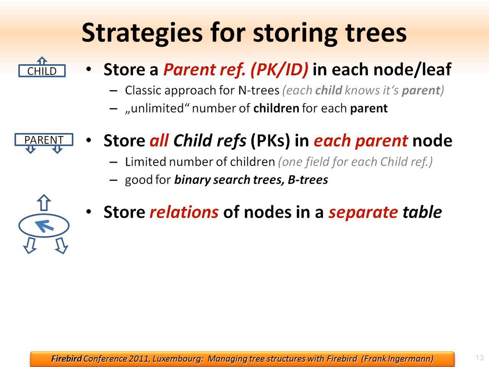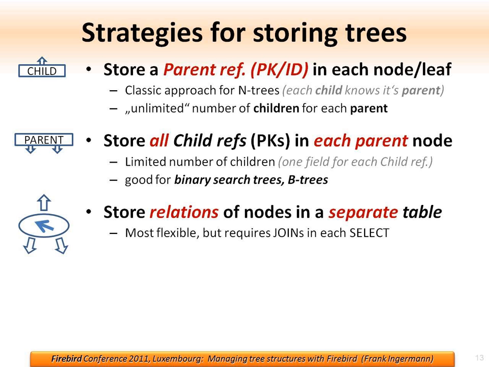Another way, and this is what I'm going to show with the recursive CTEs in the end, is to completely separate the node data from the structure of the tree, which basically means that you just store the tree nodes and the pointers in a tree table and store all the data from the nodes in various different data tables. This is the most flexible way you can get with trees because you can really put anything into that tree.